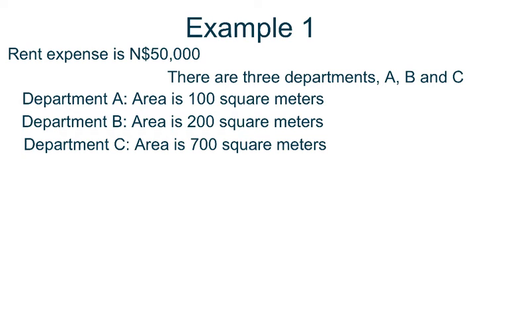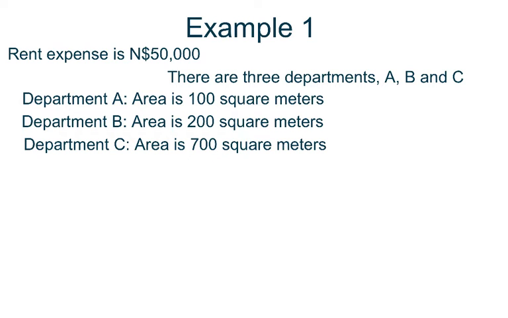Now, if we look at this example, we have a total rent expense of 50,000 Namibian dollar. And in this company, we have 3 departments called Department A, B, and C. And then I give you the square meters of Department A, B, and C. Now you will see Department A consists of 100 square meters, that's the area, Department B of 200, and Department C of 700.